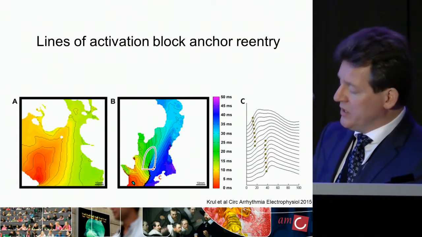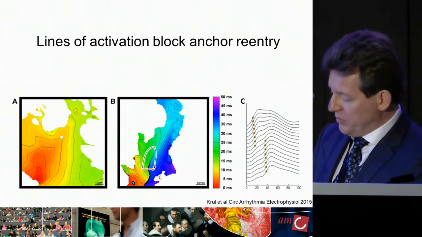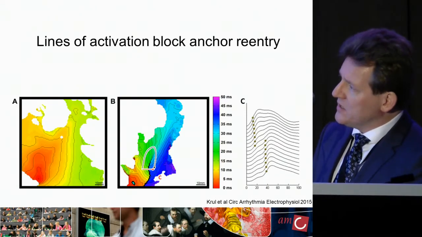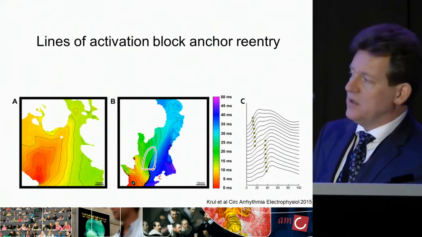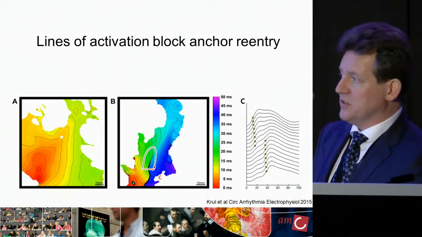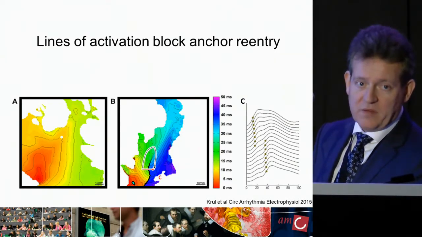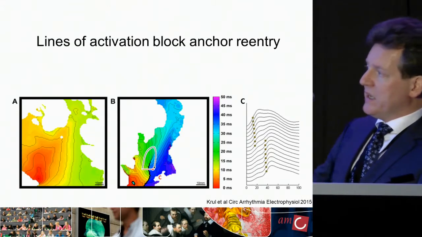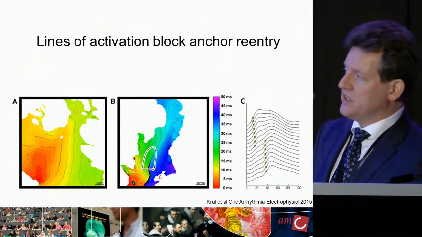And what we saw here, and I will take you through the pictures, is that during basic stimulation, this looks really fine, actually. This is like the picture that Sander showed. It looks like planar activation. It's not very complex.